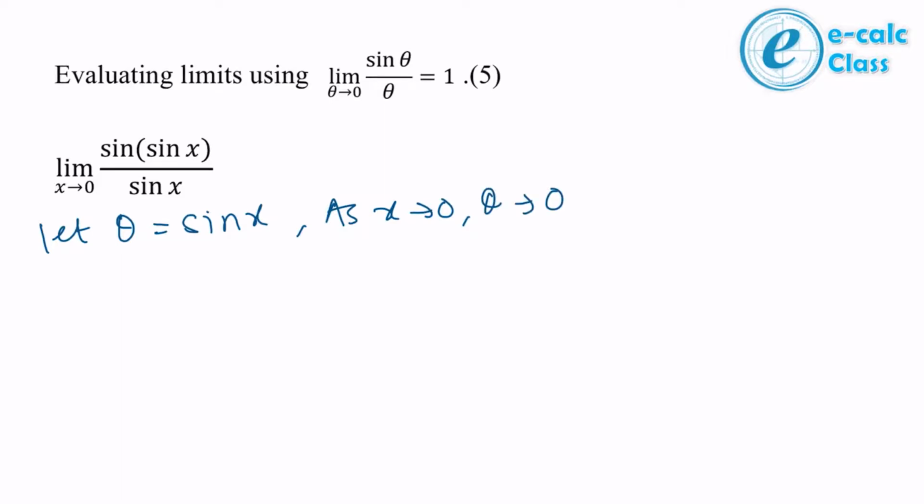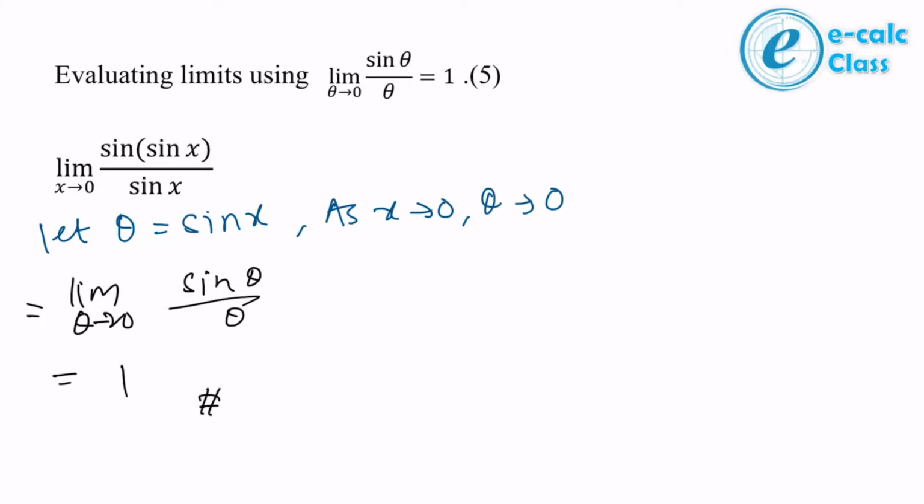But it will be a totally different story if it is cos. If this is cos, then as x approaches 0, theta will approach 1. Then you cannot use this limit. So this is why we need to check. But in this case, it happens that theta also approaches 0. So just go ahead and do limit as theta approaches 0 of sine theta over theta equals 1. Finish.